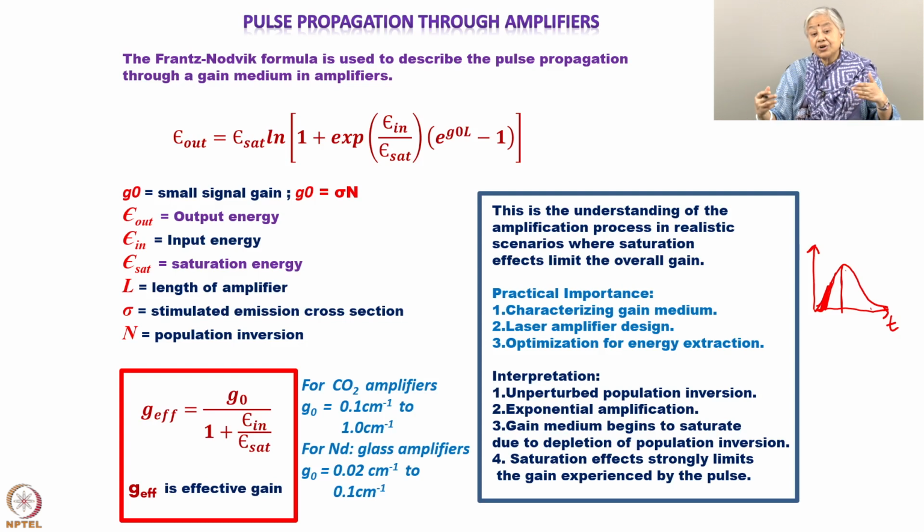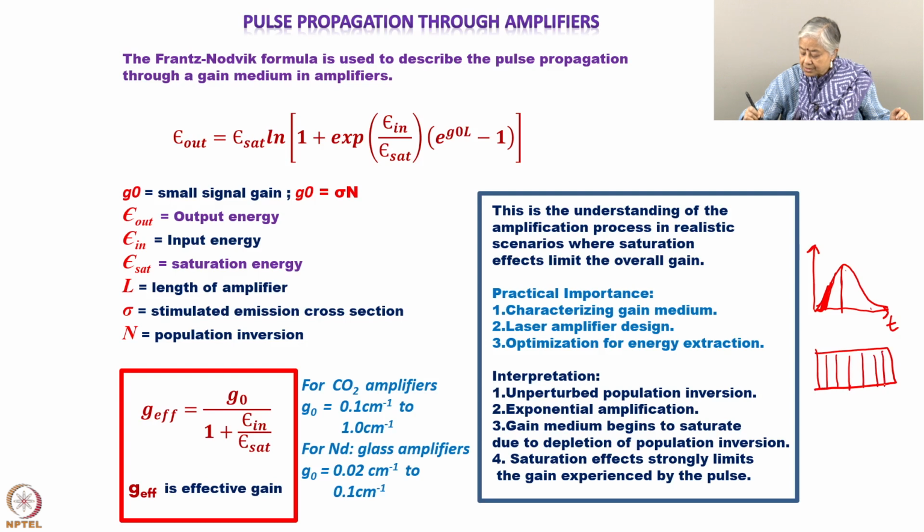In reality, when you are designing lasers, you do a lot of modeling in these kinds of lasers, where suppose you have a gain medium, and you divide it into small strips.